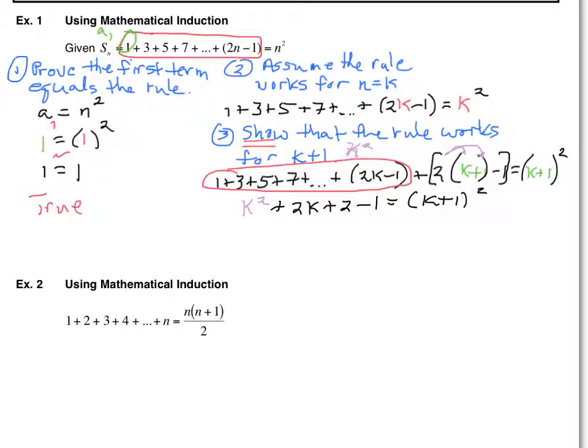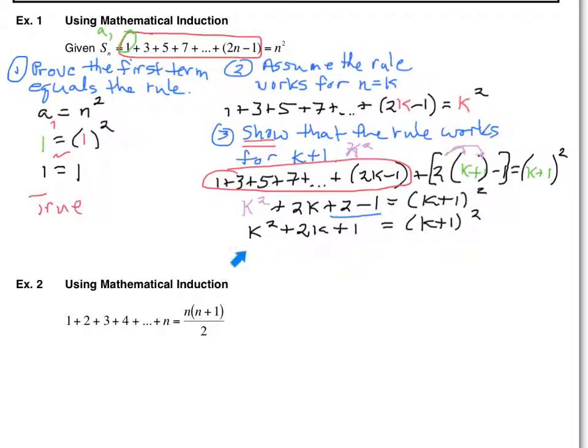So then we're going to simplify the left side. There's only one thing we can do. We can add those two together, right? And so we get k squared plus 2k plus 1 is equal to k plus 1 squared. What do you know about this? It's a perfect square trinomial. See how this is k squared and this is 1?